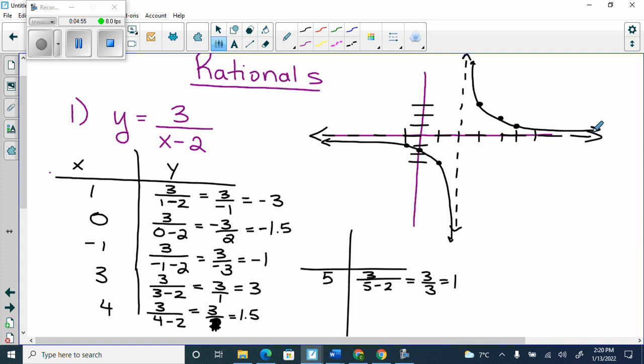Anyone have any idea why there would be an x that doesn't exist at 2? Grade 11 would have taught you why. Because you'd be dividing by 0, and we're not allowed to, correct?